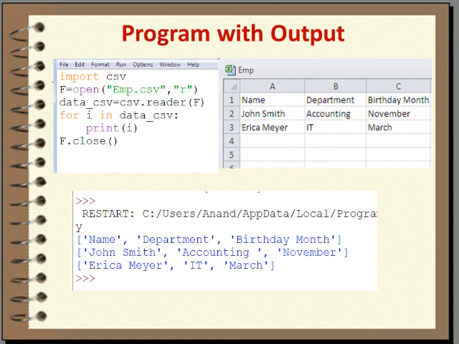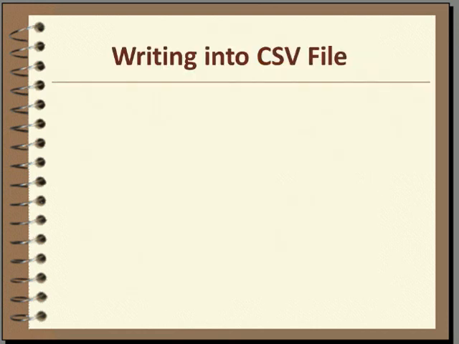Make sure that both the CSV file and the program should be at the same place. Okay, so this is the output, and the output is in the form of which data type here? It is list.